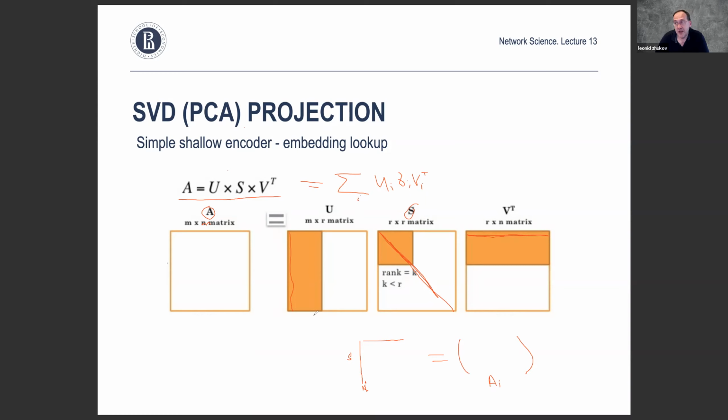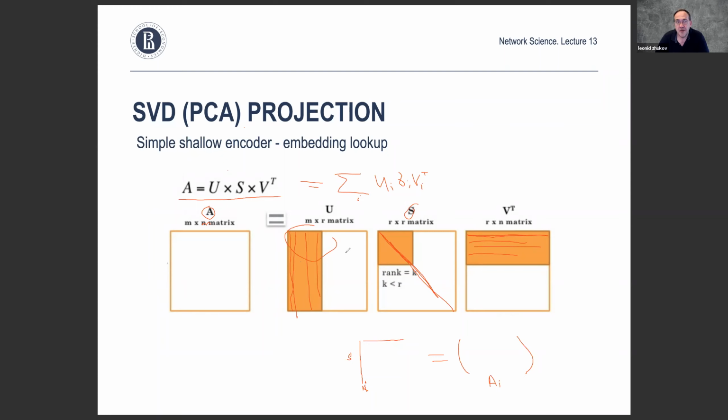Now, why are we talking about this? Well, because you can interpret this as an embedding in a vector space. You can think about these vectors as being coordinate axes, and these numbers here as coordinates in this vector space.